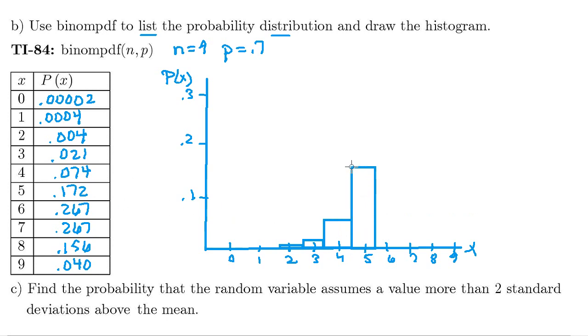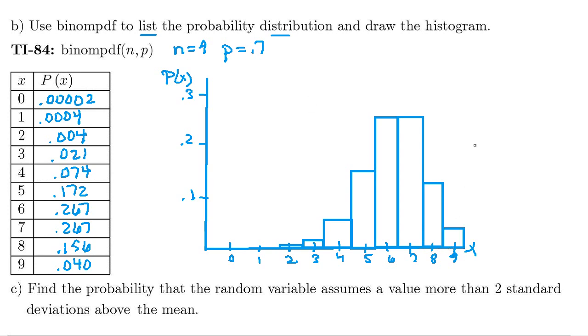So a little bit more than halfway up to the 0.2, about right there. 0.27, about right there. And then another 0.267, right there. 0.156 for 8. So halfway between 0.1 and 0.2, approximately right there. And then a 0.04, not quite halfway up to the 0.1.